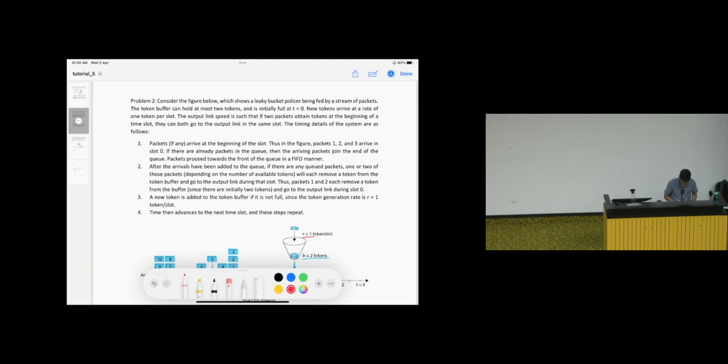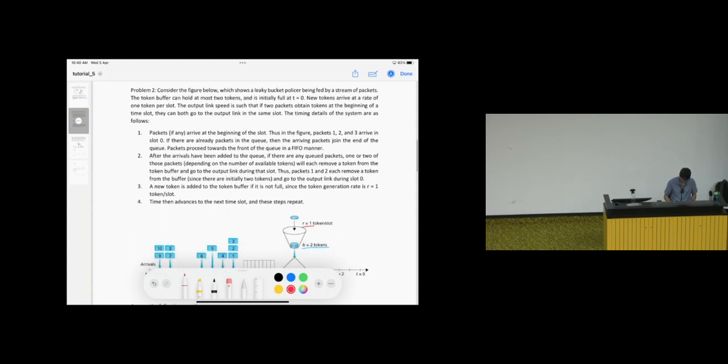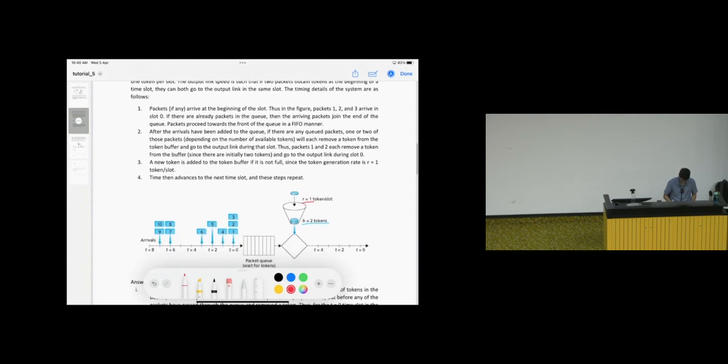The output link speed is such that if 2 packets obtain tokens at the beginning of the time slot, they can both go to the output link in the same slot. The timing details of the system are as follows. My output has unlimited rate as much as my token filter allows. If I have 2 tokens, I can let out 2 packets at once. If I don't have any tokens, I won't be letting out any packets.